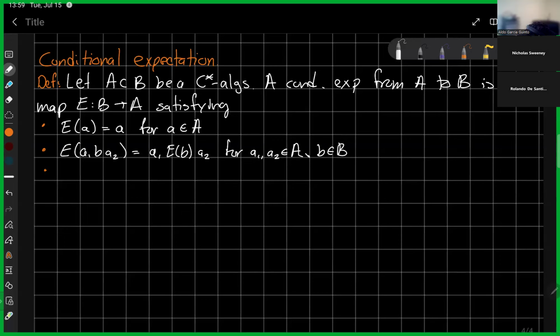And then the other thing is it needs to be positive when you feed it a positive element. Here, positive means positive in A, right? So keep that in mind.